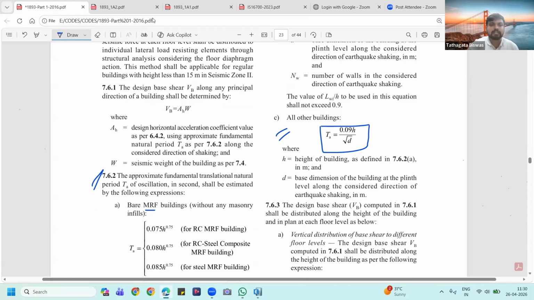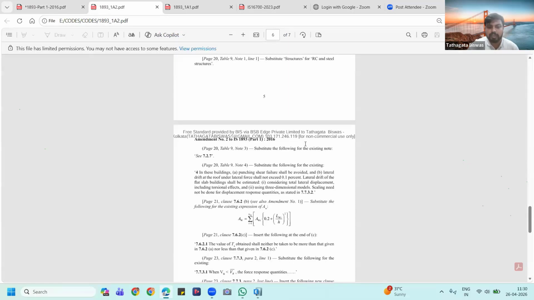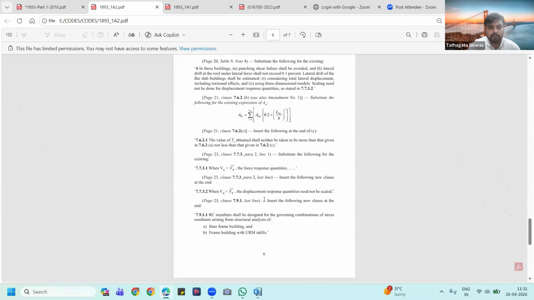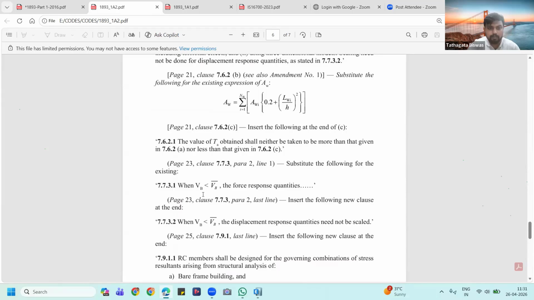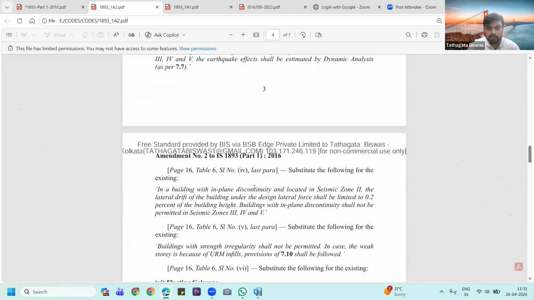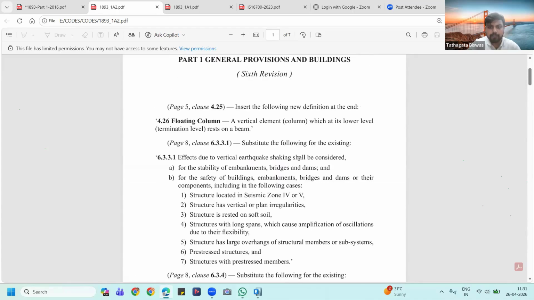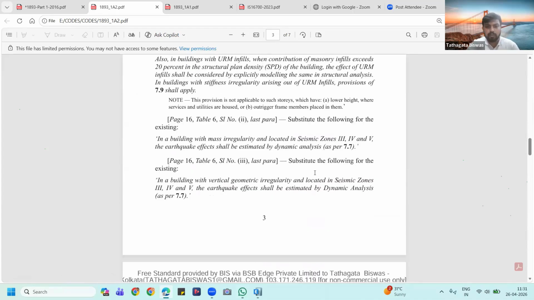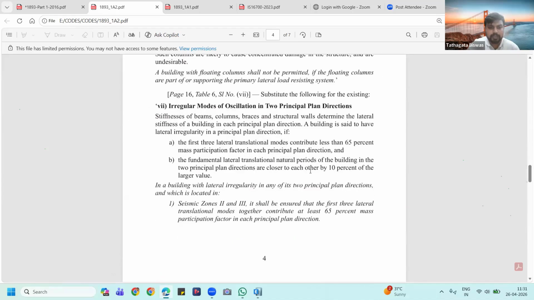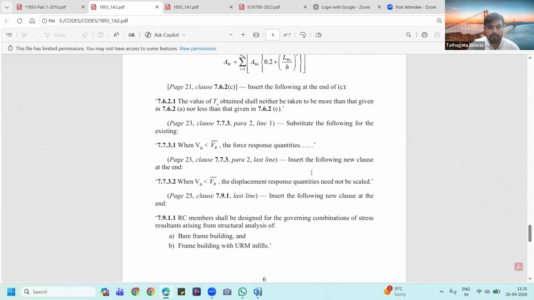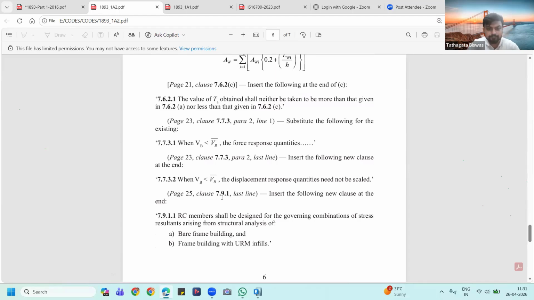Right? Now, there is another thing. In Amendment 2 of the IS 1893 code, which came up in November 2020, if you go to page number 6 of the Amendment 2, there is a clause given by the amendment of the code that 7.6.2.1, the value of TA obtained shall neither be taken to be more than that given in 7.6.2A nor less than that given in 7.6.2C.